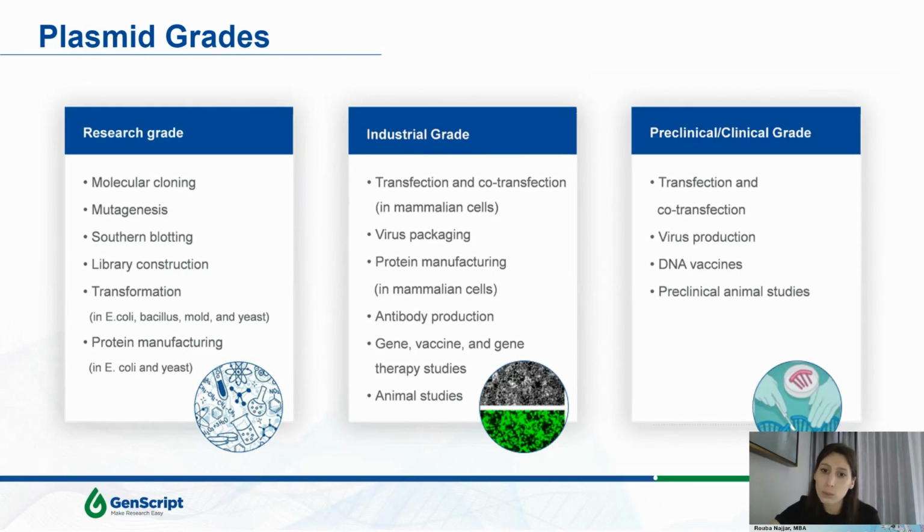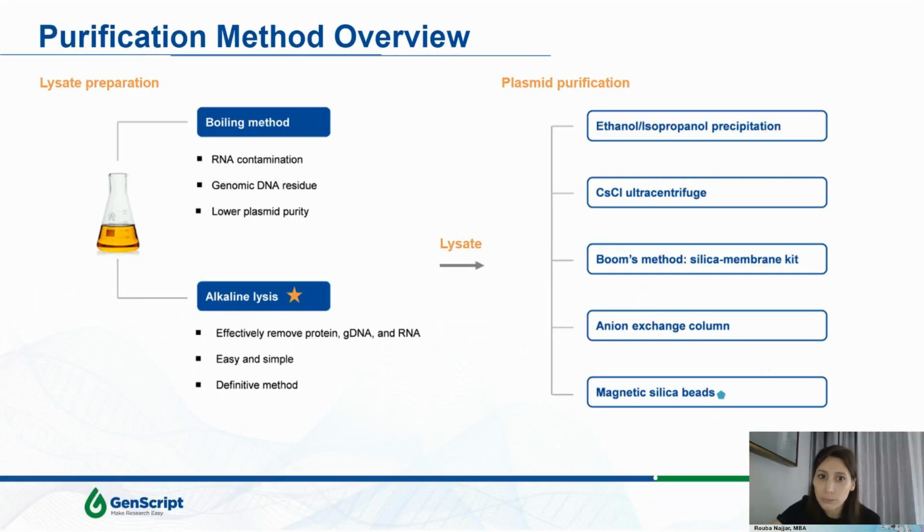Once you get into higher up industrial or preclinical, you're typically working with quite large quantities of DNA. So with that come, of course, different challenges, different regulations. And hopefully what you'll see today is actually something that would fit your workflow.